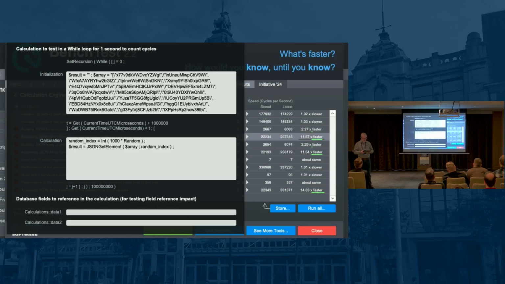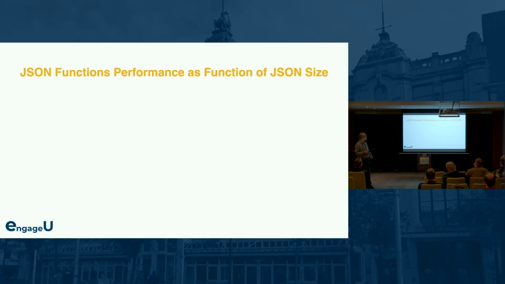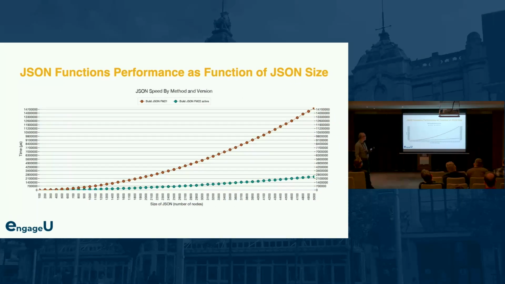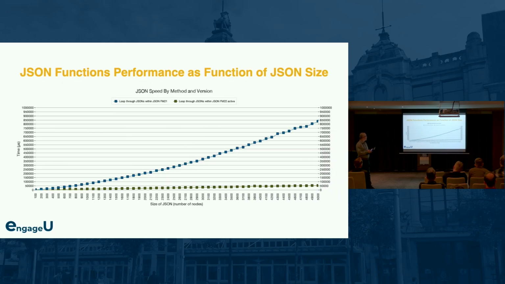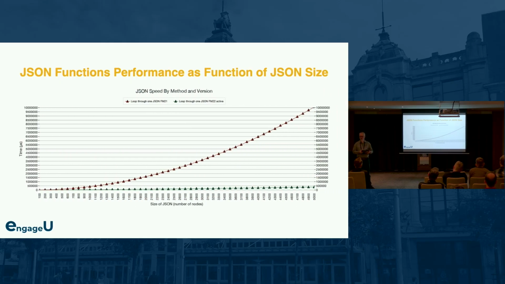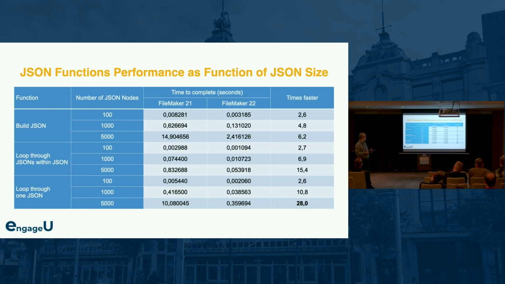This was the test that I was running there, and it already looked very nice. But what I discovered later when I watched the FileMaker session is that it was actually a factor of the size of the JSON. And the bigger the JSON was to loop through, the better the result was. So when trying with 5,000 nodes in the JSON, the measured values were even better.